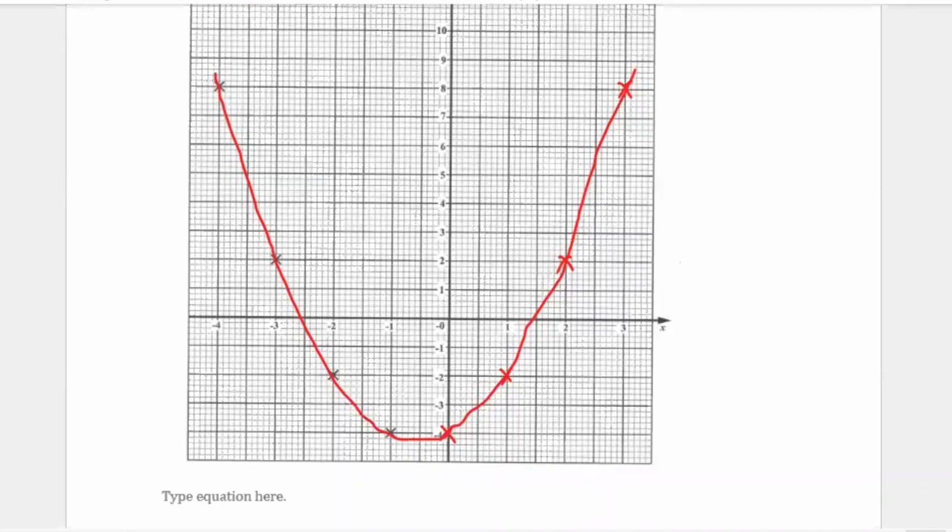I did state it earlier. Very good, minimum. So what is the minimum value for this function? Anybody, what is the minimum value for the function? So -4.